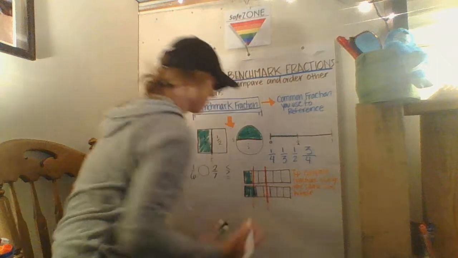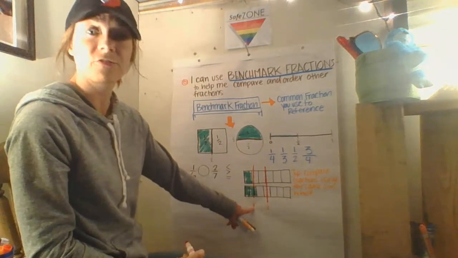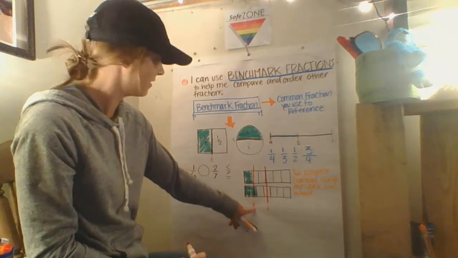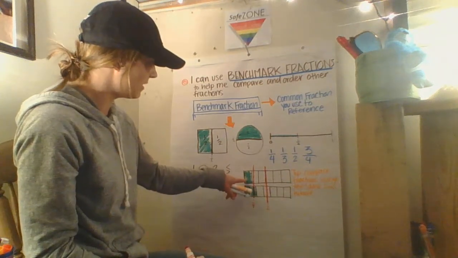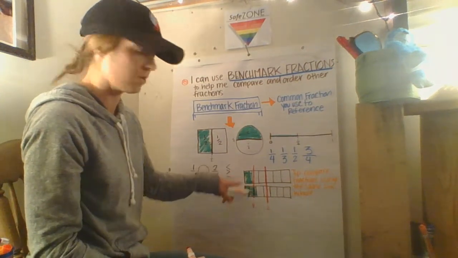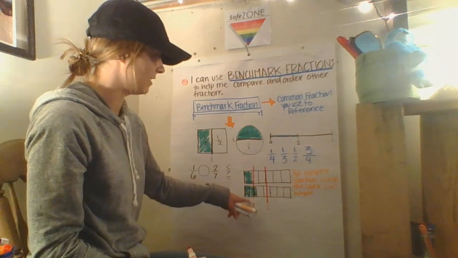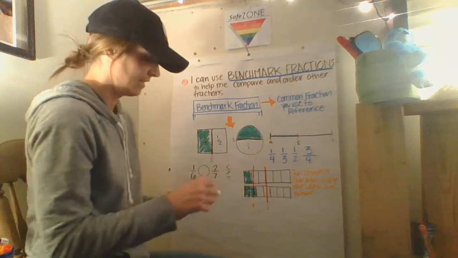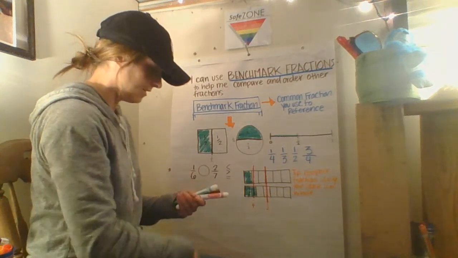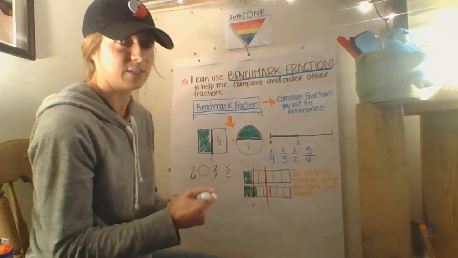Ooh. Using my benchmark fraction of 1/4 helps me see that 1/6 is smaller than 1/4 and 2 7ths is larger than 1/4. And I'm more confident that 2 7ths is greater than 1/6.